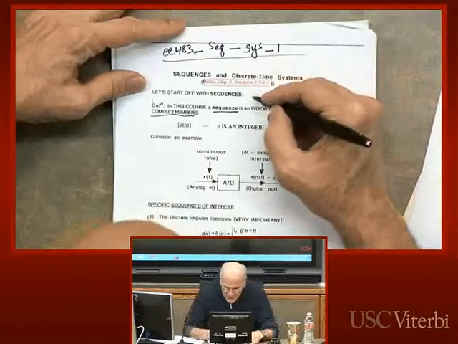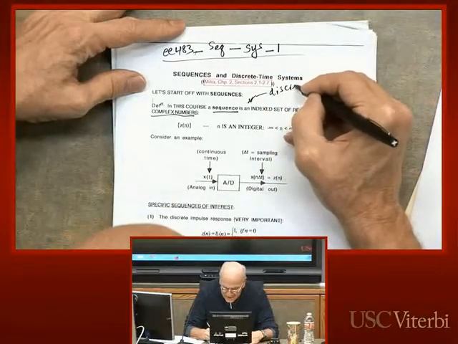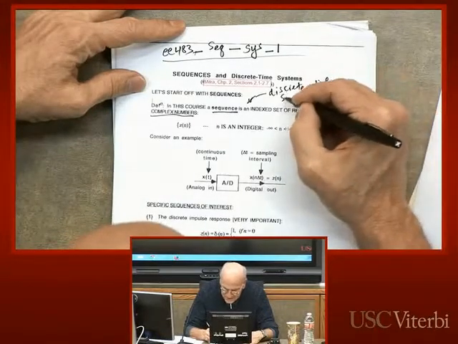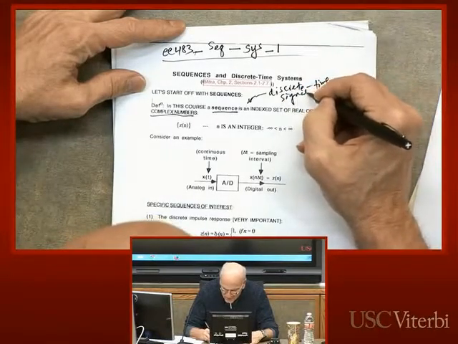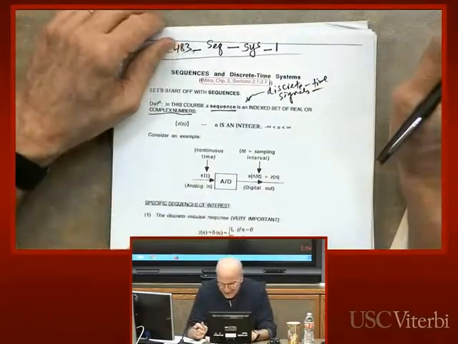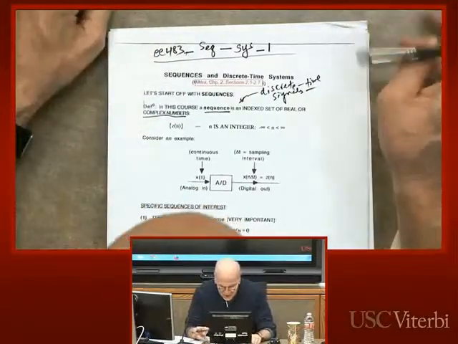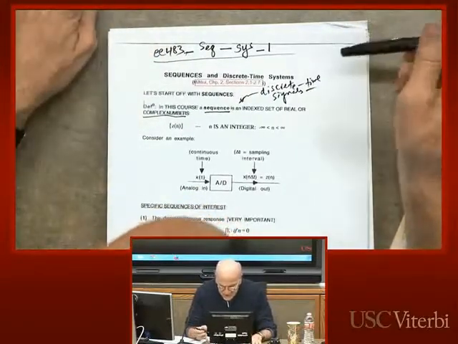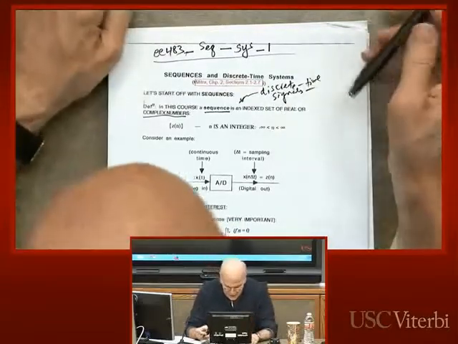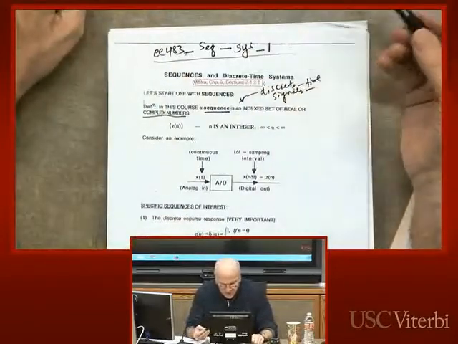These will form what we call discrete time signals, as opposed to continuous time, which if you've had the linear systems course, you've undoubtedly run across. These are discrete time signals, and they could either be real valued or complex, either one. But in any event, it is an index set of real or complex numbers.